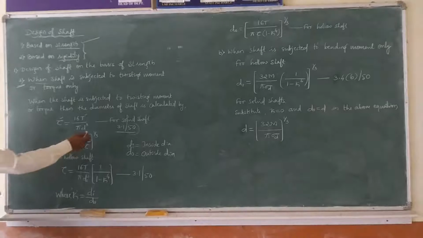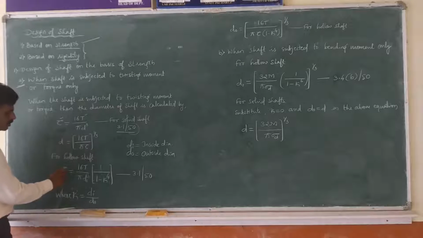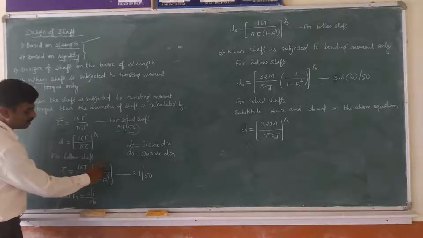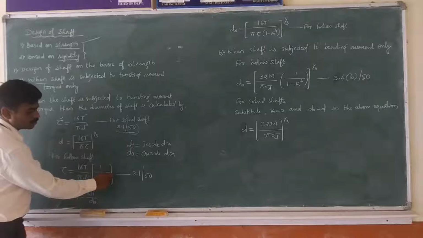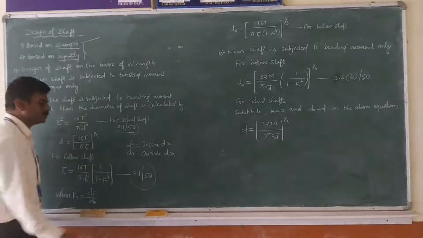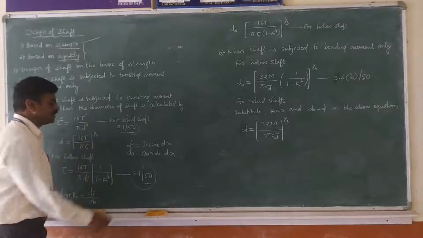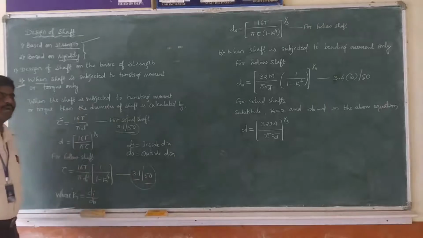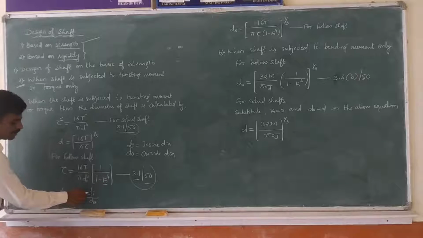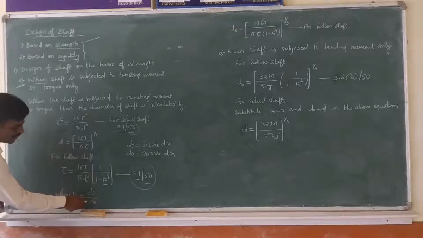So we can write tau is equal to 16T divided by pi d naught cube, times the bracket 1 divided by 1 minus k raised to 4. This equation is also available in the data handbook, page number 50, equation number 3.1. Here k is the diameter ratio, that is inside diameter to outside diameter.